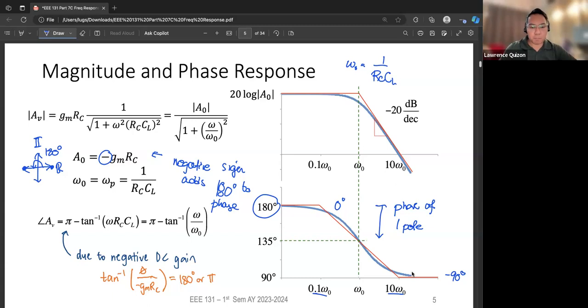All right? So that's how we know the magnitude and phase response from the Bode plots. We don't really have to do all of these, but again, you can get the magnitude and phase. The magnitude equation is the square root of the sum of squares, and the phase is just arctan of imaginary over real.